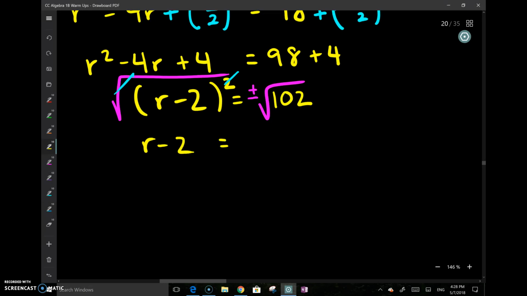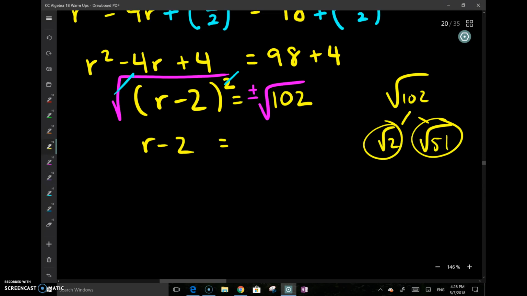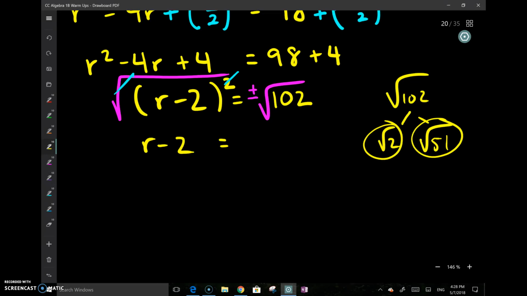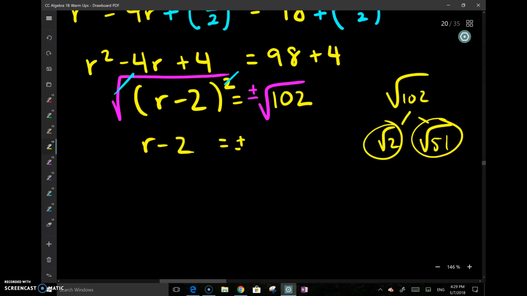And on the right side, the square root of 102, if you were to break this into factors, let's say you divide 102 by 2, you would get 51. Now, neither of these are perfect squares, nor can I split them any further because they are prime numbers. So for that reason, the square root of 102 is going to stay the square root of 102. I'm going to leave it like that and just write plus minus radical 102.